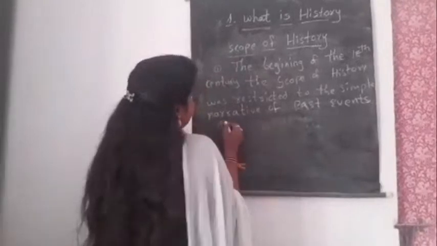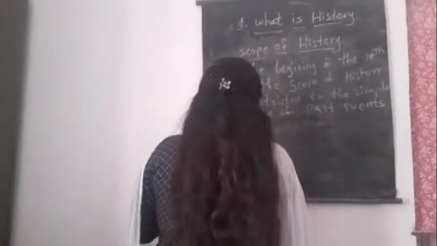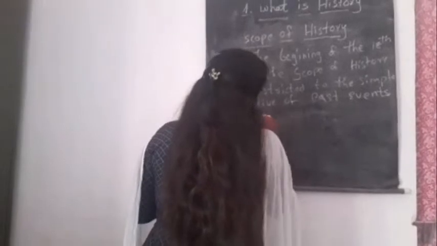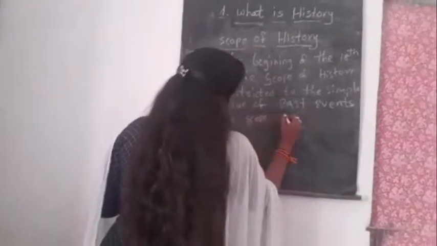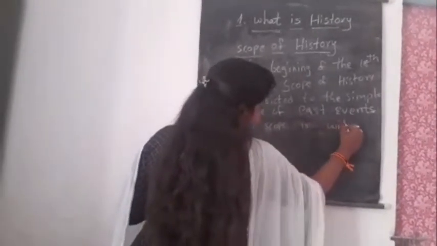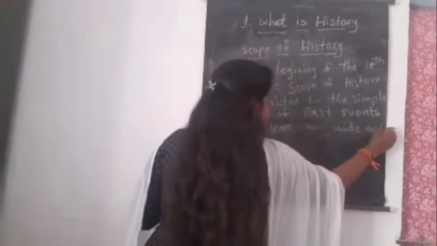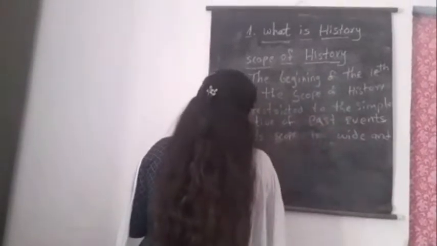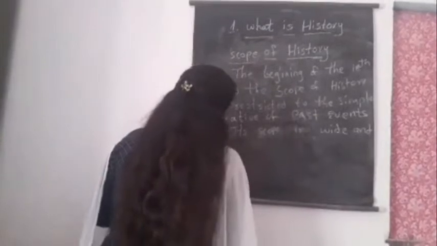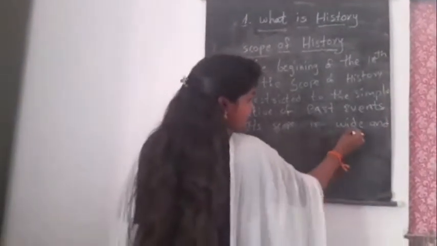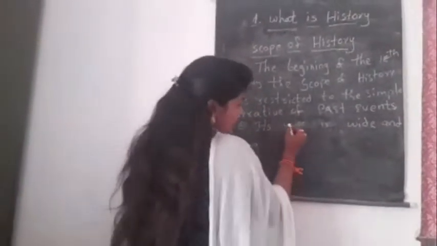I wrote the second point. Scope of history, it means history scope is width and long.